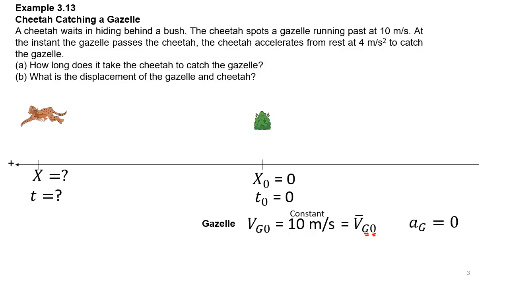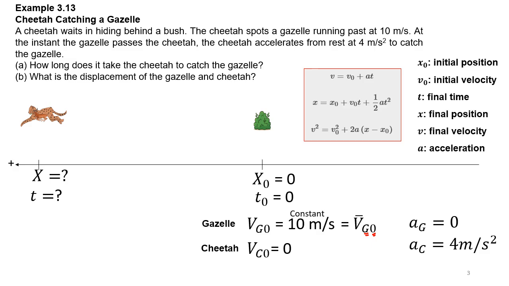Vg is enough. Now ag is the acceleration of the gazelle, which is 0. It is not accelerated. Now about the cheetah, Vc0, the initial velocity of the cheetah, is 0. Acceleration is 4 meters per second squared. So we need to use these quantities to solve the problem.